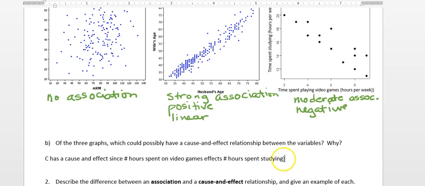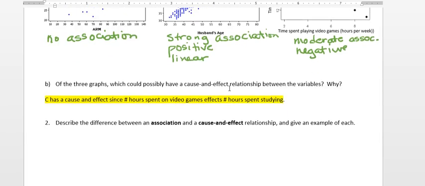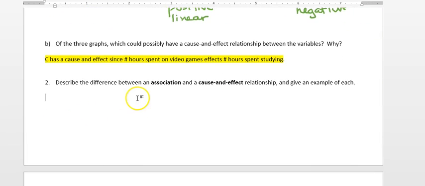In this example here, if you look back up at the graphs, the middle graph here, husband's age and wife's age, although they have an association with one another, it's not really a cause and effect. How old a husband is doesn't cause his wife to be a certain age, although there may be an association between the two. This leads to our next question, which is just understanding the difference between the two.